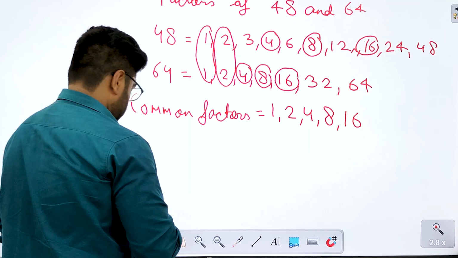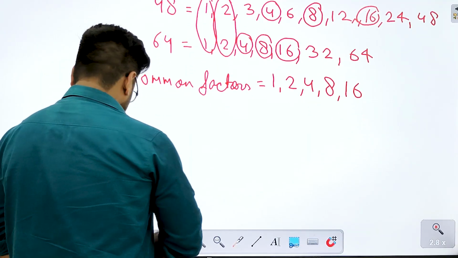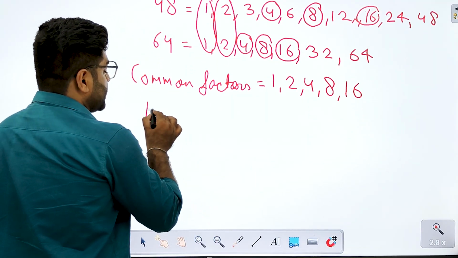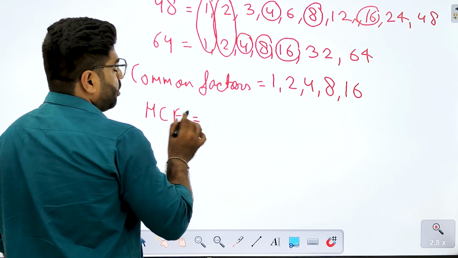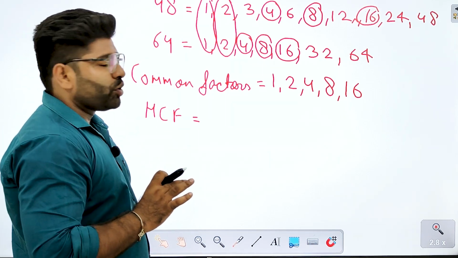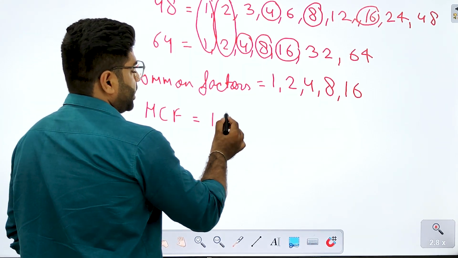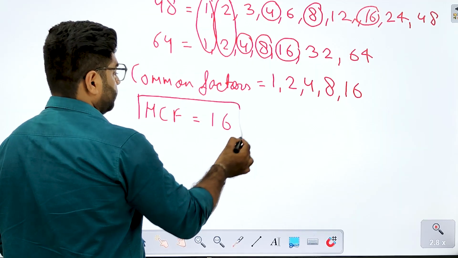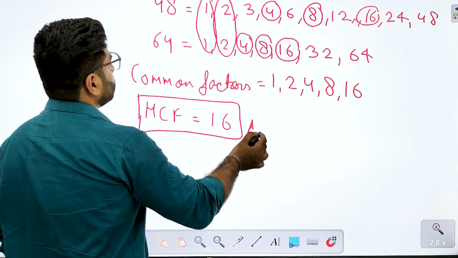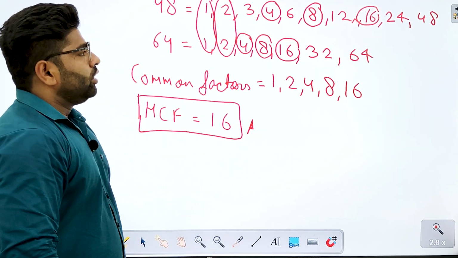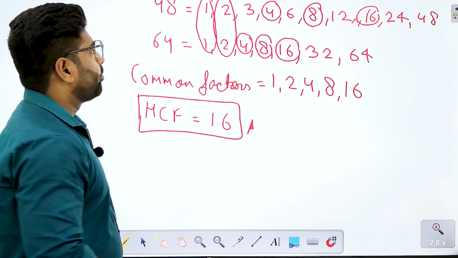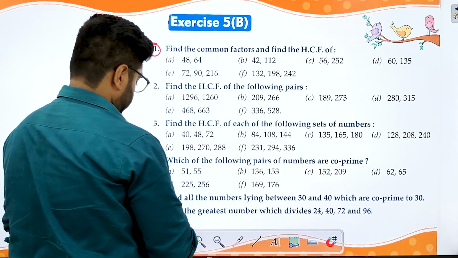So these are the common factors. Now we have to find the HCF. Can you tell me what is the highest common factor between these two numbers? Yes, that is 16. Clear? Okay, now move to the next part.